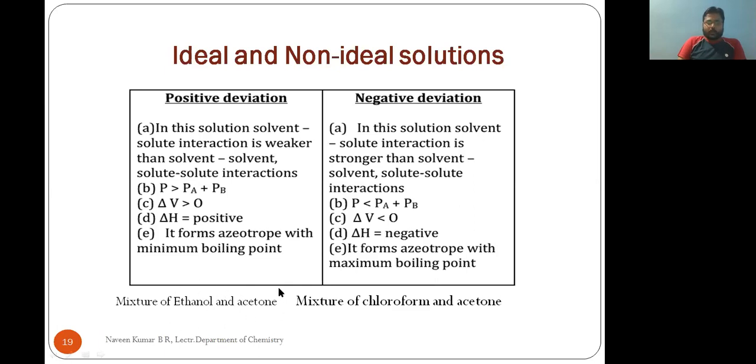Whereas acetone, due to the presence of only dipole nature, has dipole-dipole interactions. I'll repeat: ethanol has a special dipole-dipole interaction, that is hydrogen bonds between the molecules, whereas acetone will have dipole-dipole interaction.